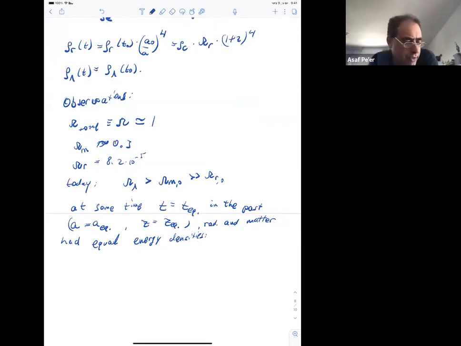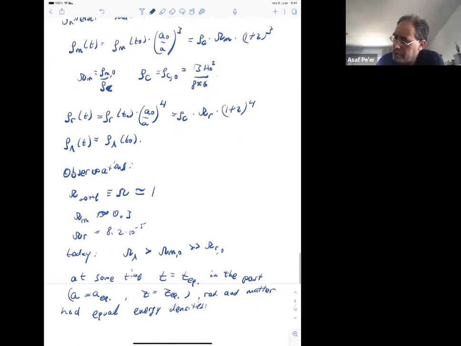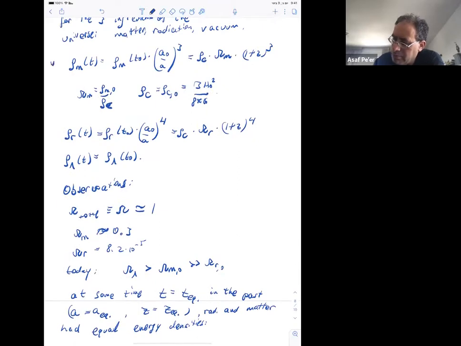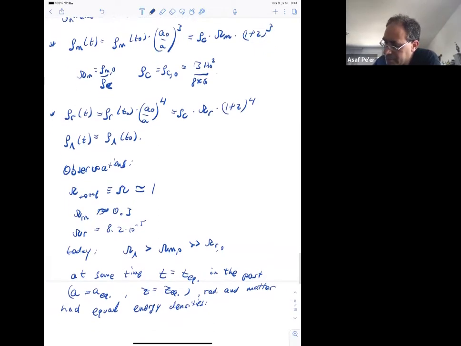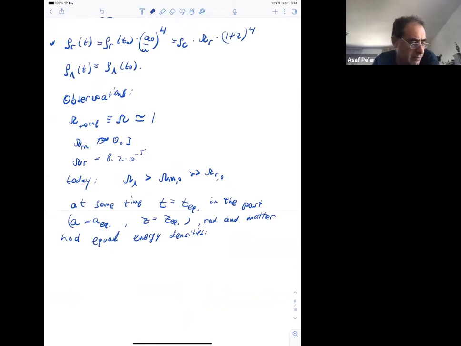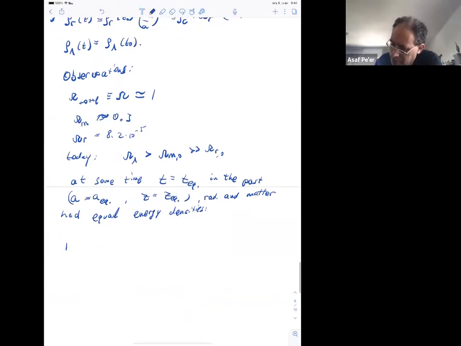Now it's pretty straightforward to calculate immediately when this was. Since we know how omega matter evolved with time, and we know how omega radiation evolved with time, or the density, we immediately get that 1 plus z equilibration, which is just a0 over a equilibration, is omega matter over omega R, which is 3.6 times 10 to the 3.